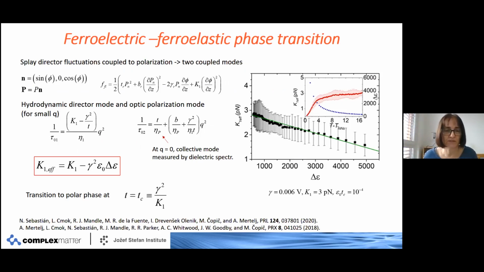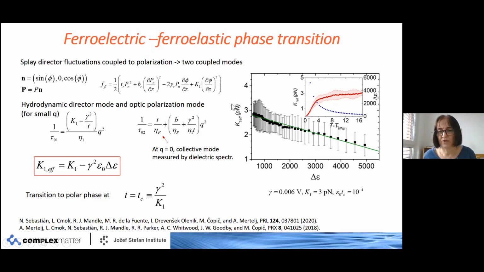The only difference is that we measure the effective elastic constant, which is reduced in comparison to the true elastic constant by this ratio here, which is the flexoelectric coefficient squared divided by the parameter T, which we said is proportional to 1 over the electric susceptibility.